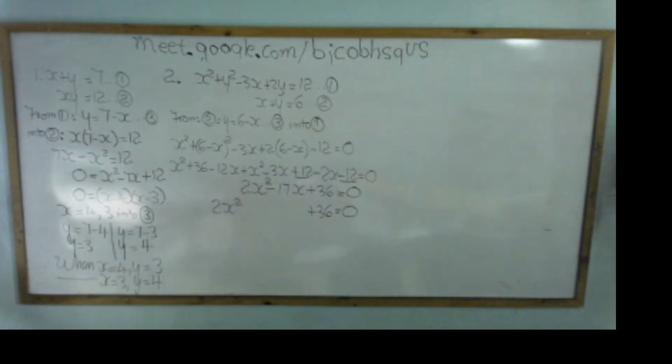The sum is negative 17 and the product is 72. No answer.